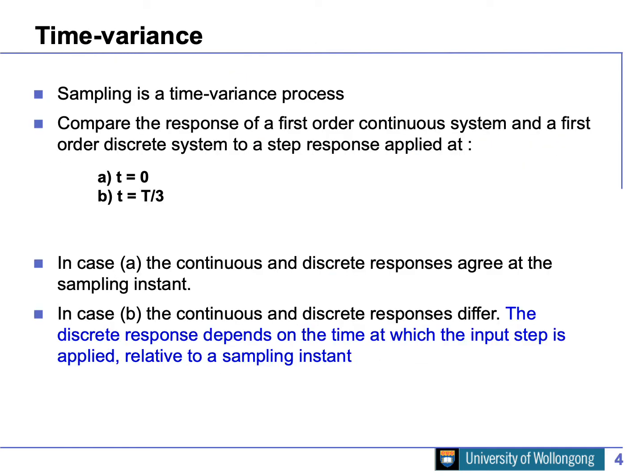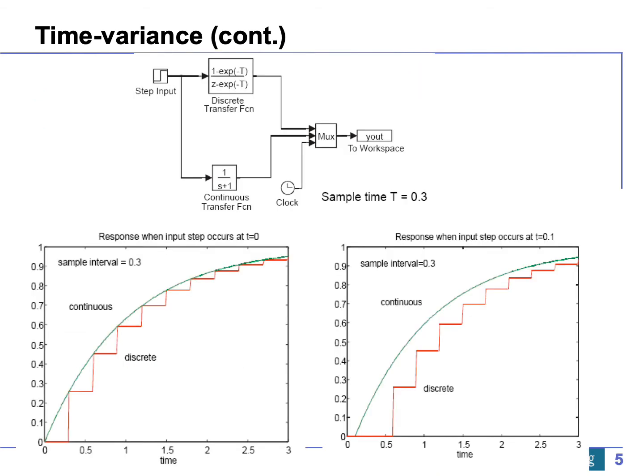Sampling itself is a time-variant process. The systems we are analyzing are linear time-invariant systems, meaning they don't change with time. However, sampling itself is time-variant. If you start sampling from time equal to 0, or from 1/3 of the sampling period, you get different samples, which is easy to see from this figure.